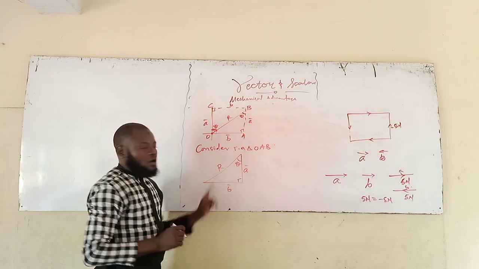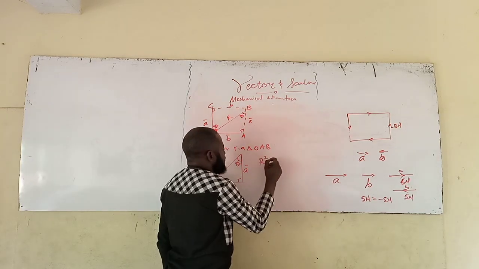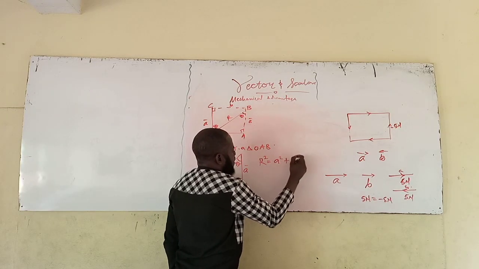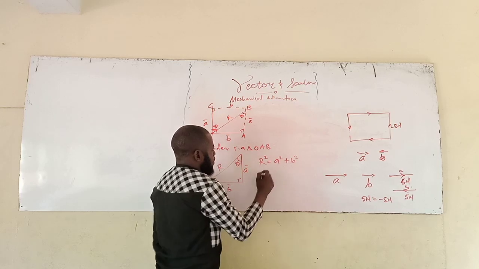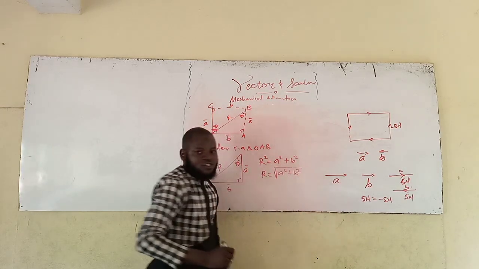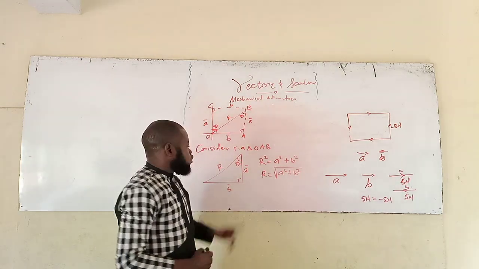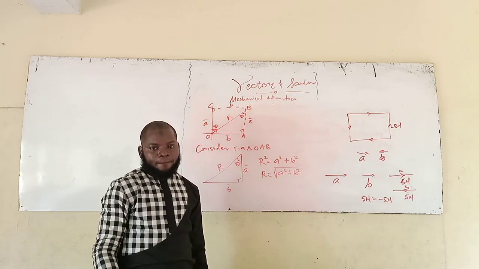For me to get this resultant, I have to use Pythagoras theorem. That is R square equals A square plus B square. So R now equals the square root of A square plus B square. And this is how to determine the resultant of two vectors that are perpendicular.